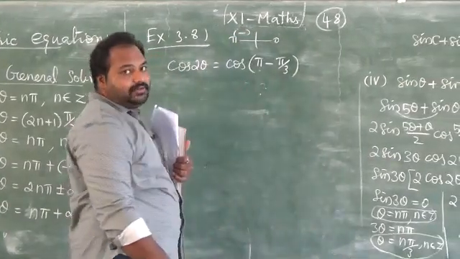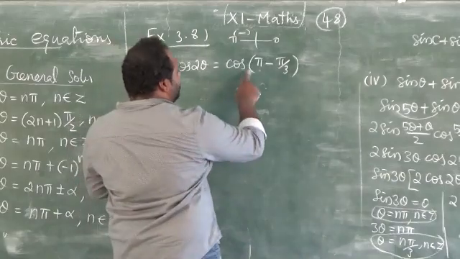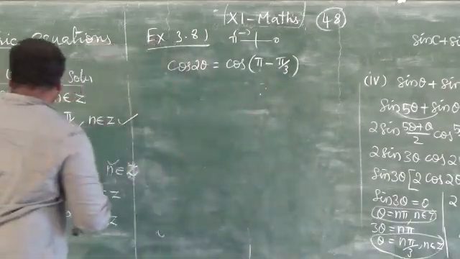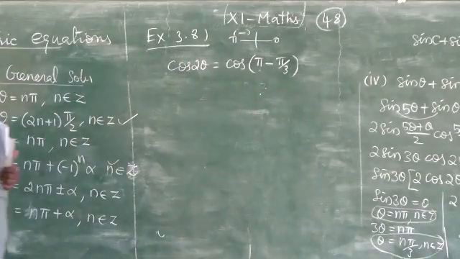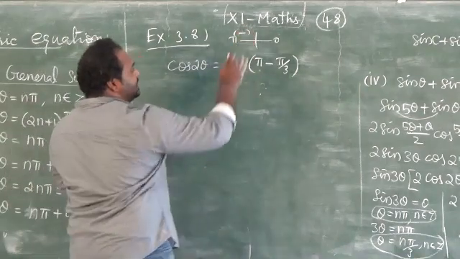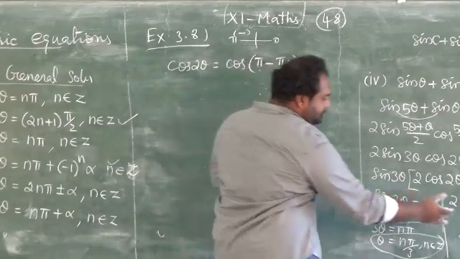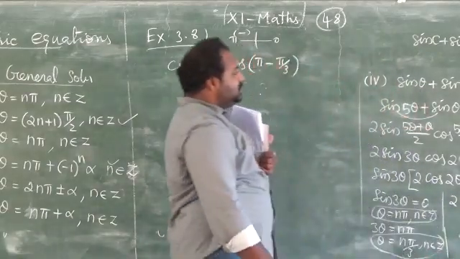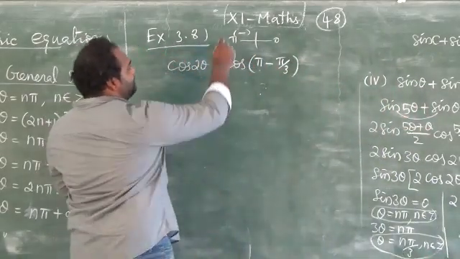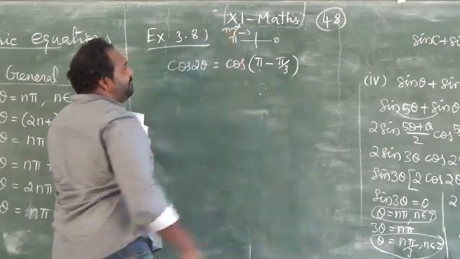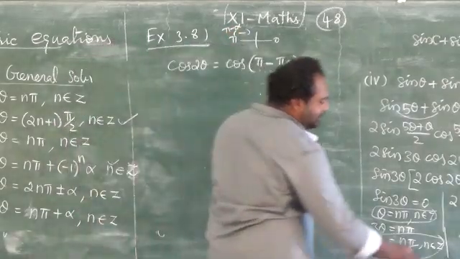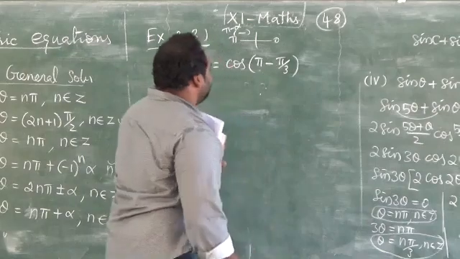Only in the second quadrant is the cos function negative. 0 to pi covers the first quadrant and second quadrant, and the second quadrant alone is negative in cos function. So for the second quadrant I told you the condition is pi minus alpha. Here alpha is pi by 3, I am going to subtract it from the pi.